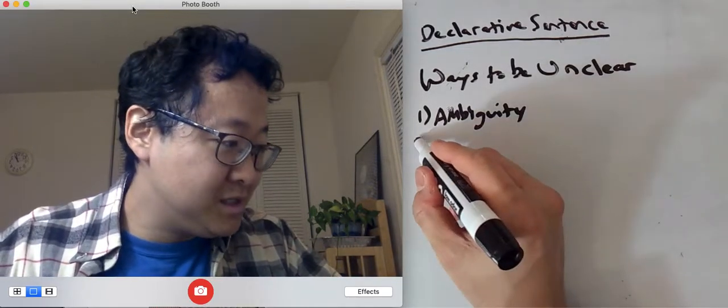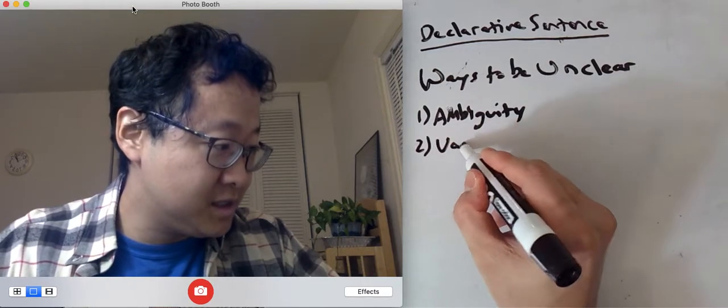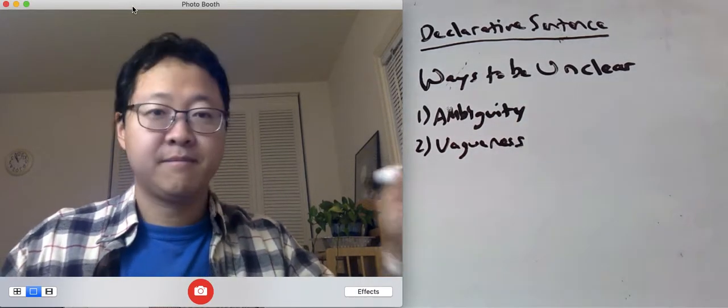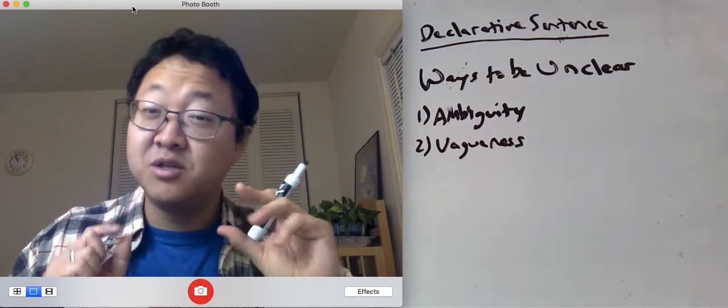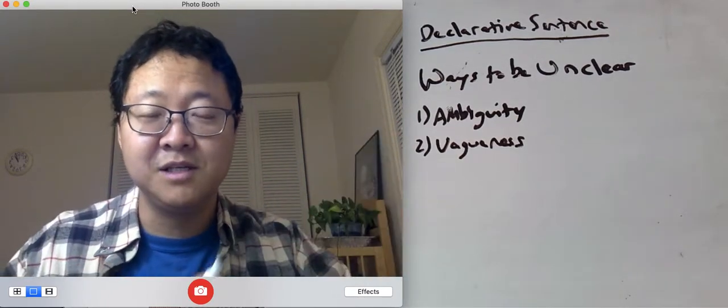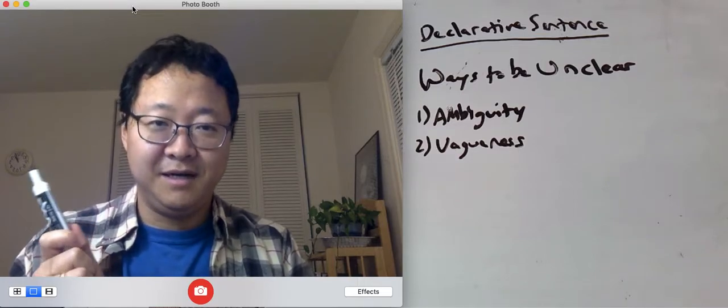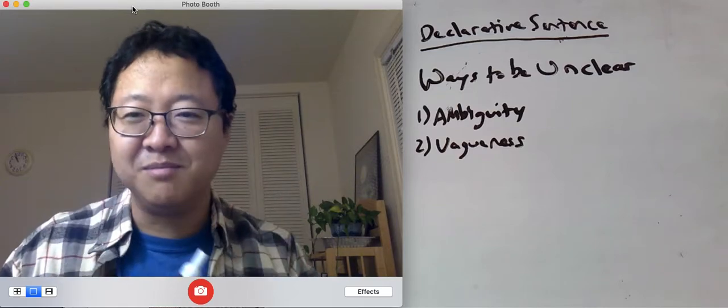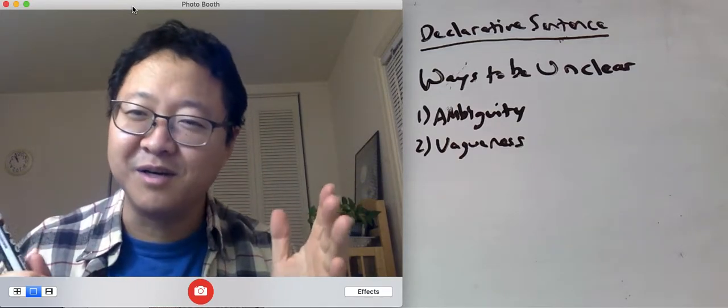Now, ambiguity should be distinguished from vagueness. With ambiguity, there could be two distinct multiple meanings. But with vagueness, it's not like there are distinct multiple meanings. It's more that it's just very unclear what you're saying.